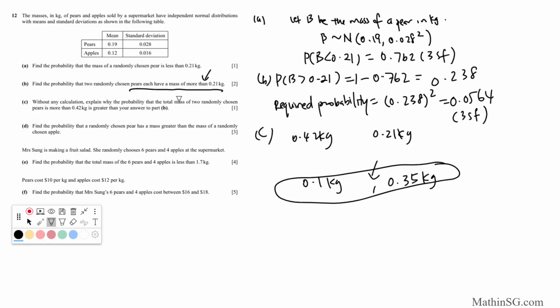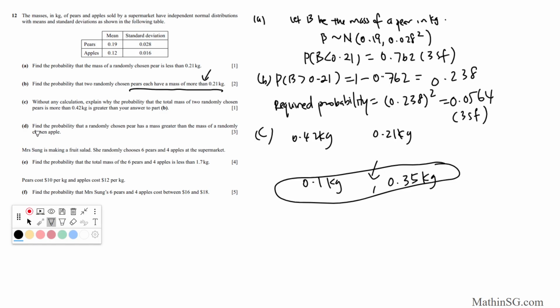Therefore, the total mass of two randomly chosen pairs being more than 0.42 kg has a higher probability, because it also includes one pair with a mass of less than 0.21 kg and another being greater, such that the total mass adds up to more than 0.42 kg. In short, part B is a subset of the total mass of two randomly chosen pairs being more than 0.42 kg in all.